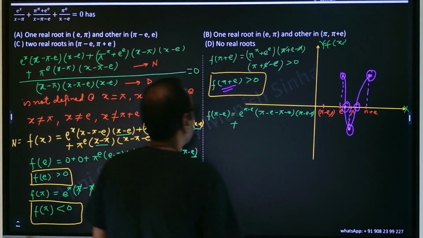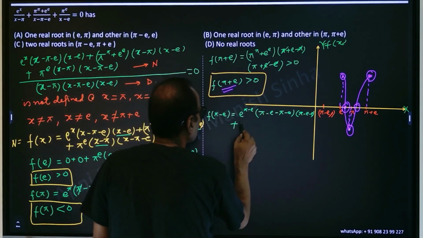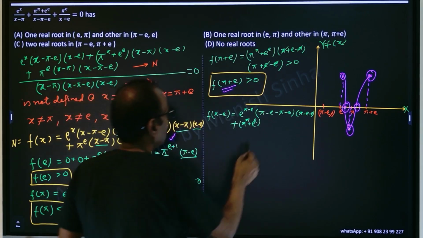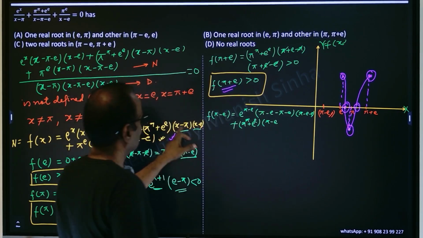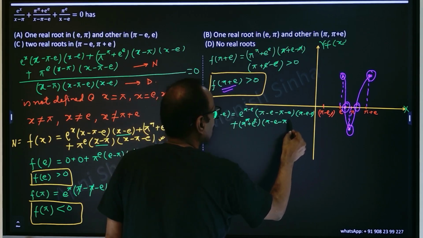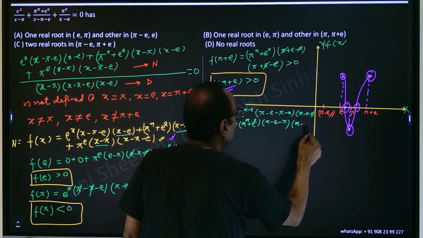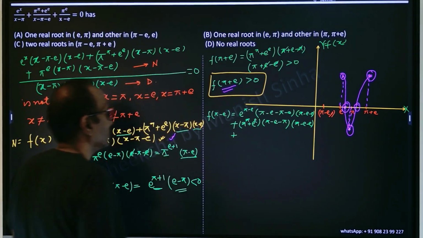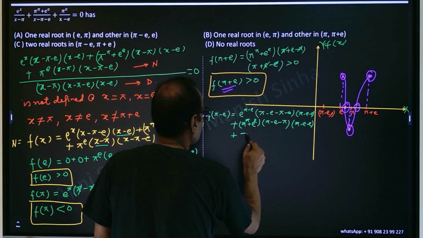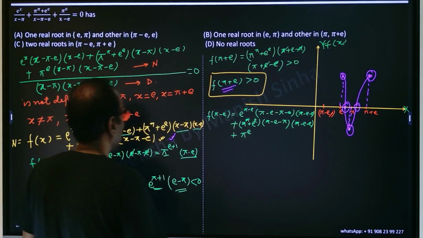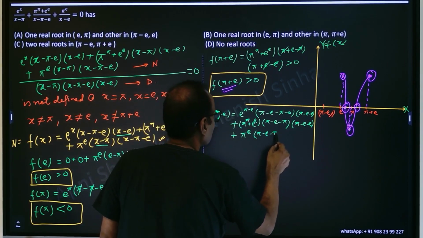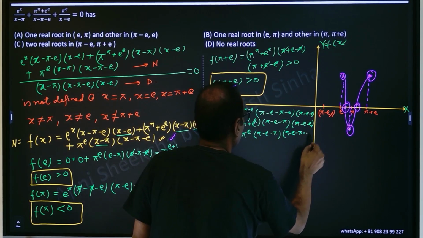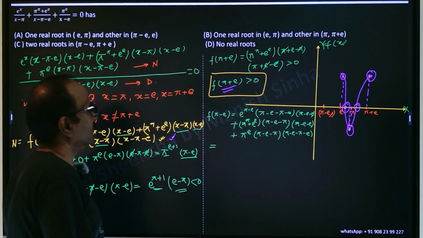This is the first term. Second term is... calculate for this.